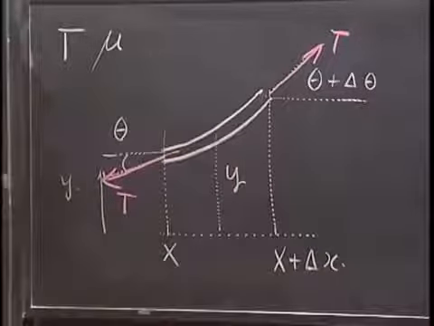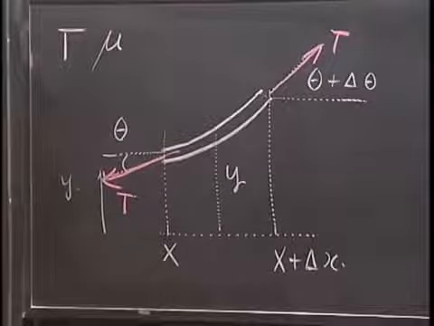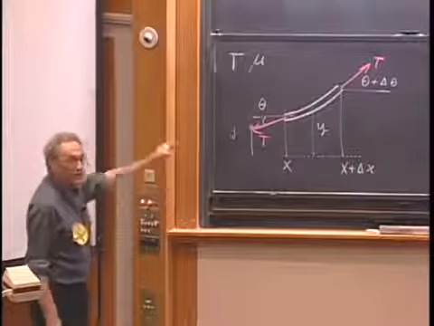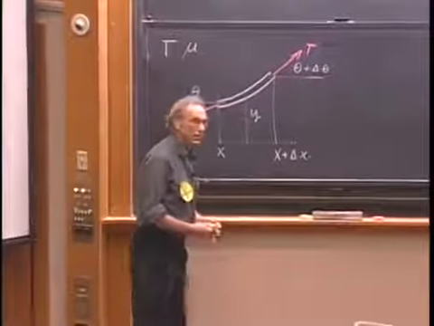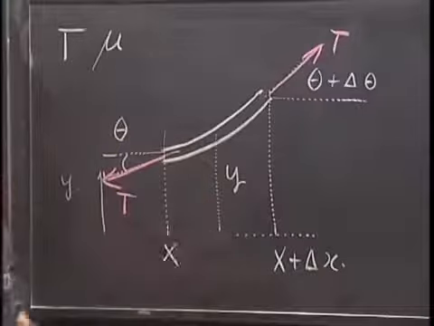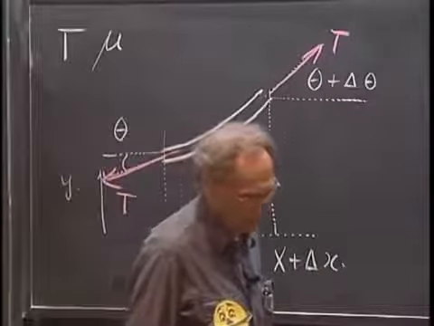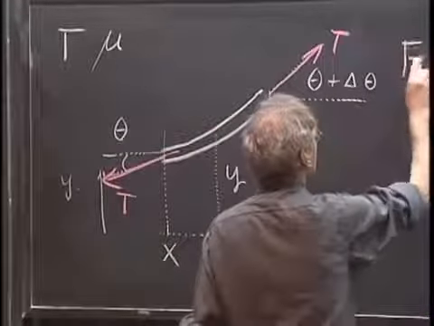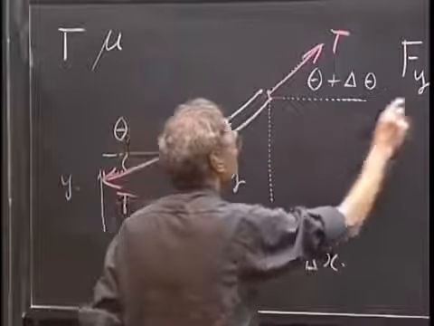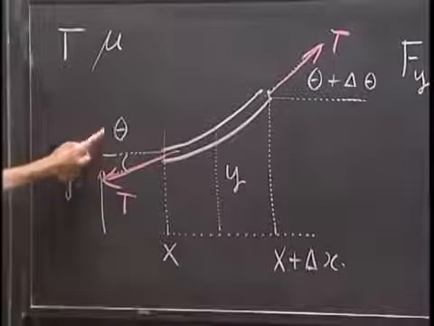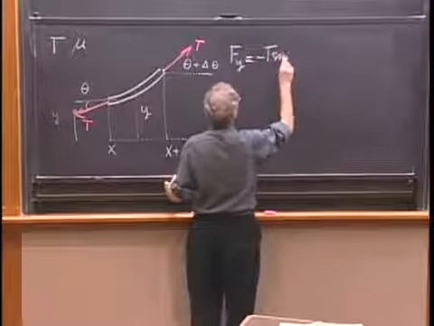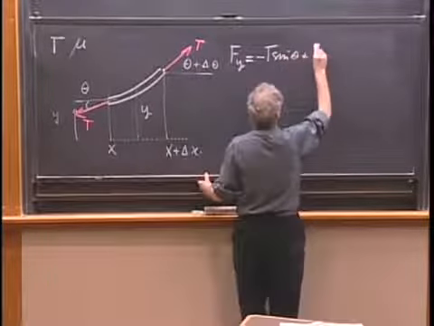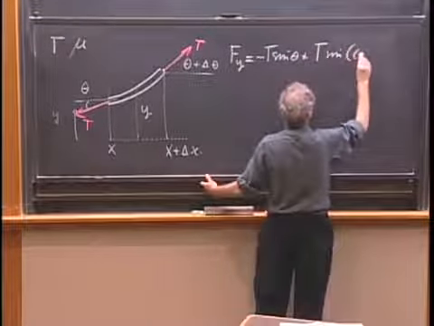Just like with the beads, for modest amplitudes, we don't have to worry about motion in the x direction. The only thing that matters is the motion in the y direction. So I will concentrate exclusively on the motion in this direction, which drives it back to equilibrium. And so F of y on this segment is then minus T sine theta, because this component is down, minus T sine theta plus T sine theta plus delta theta.